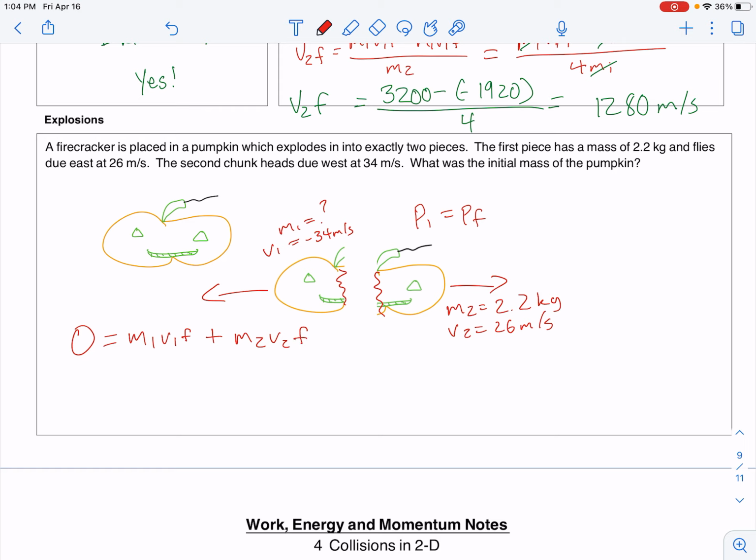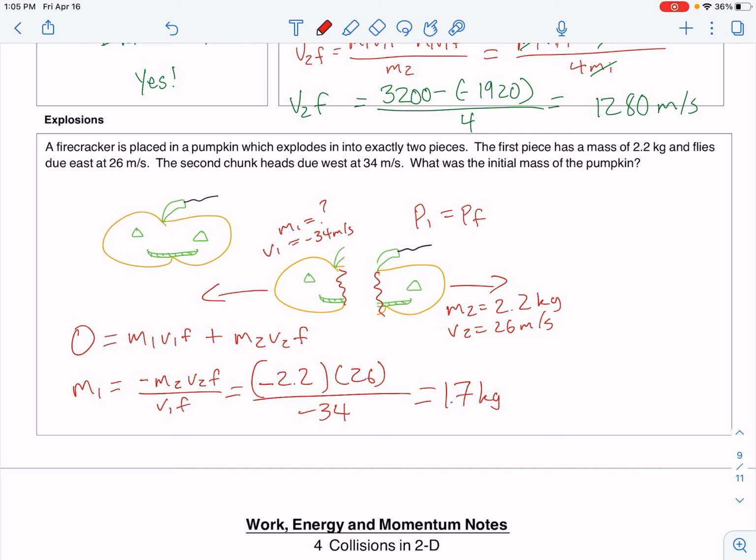Again, if I want to solve for my first mass and isolate that, that's going to be negative mass 2 times velocity 2 final, divided by velocity 1 final, equals negative 2.2 times 26, all divided by negative 34, which gives me a mass for the left side of the pumpkin of 1.7 kilograms.